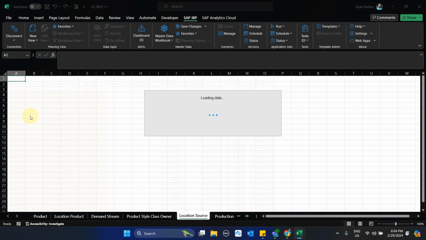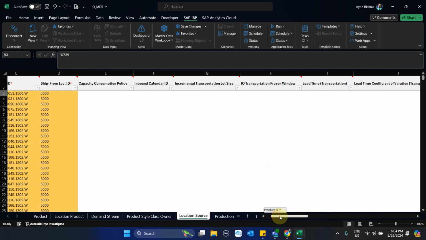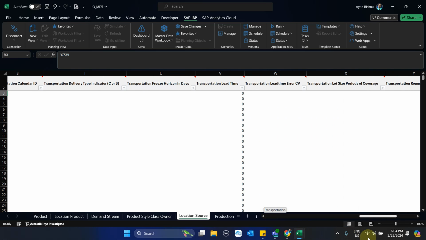Location source is primarily used in supply planning in order to determine the transportation lane and the lead time. Along with the lead time, we also have an attribute called lead time error CV, also called lead time variation.